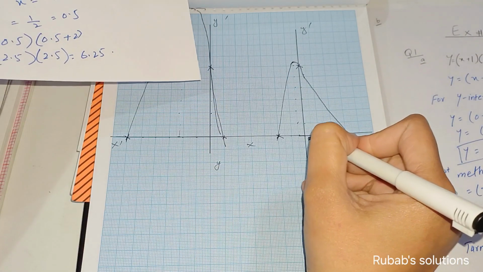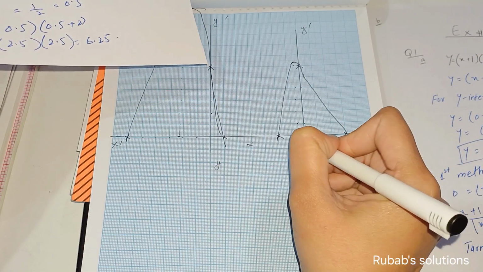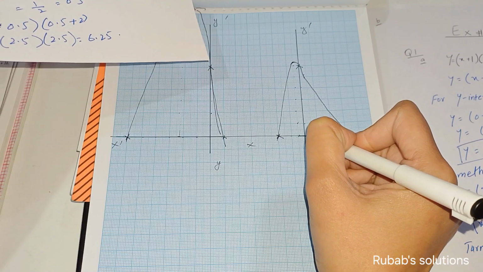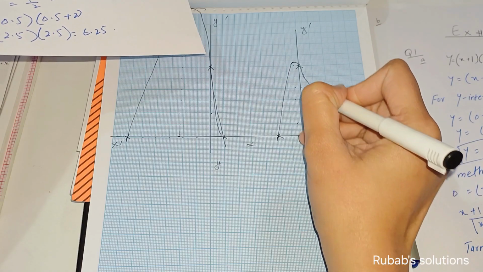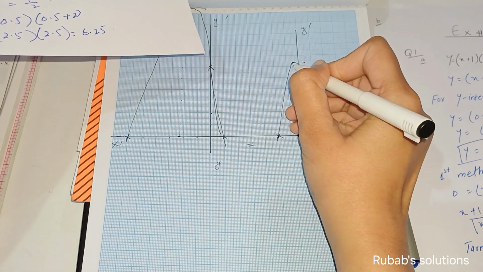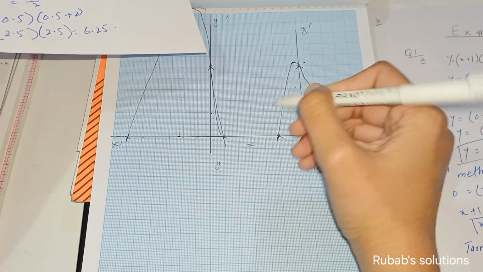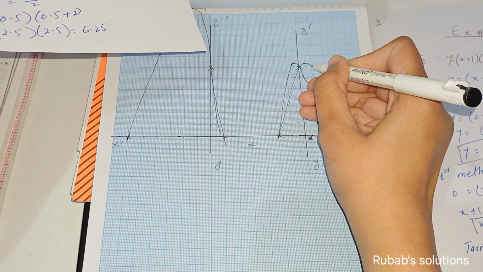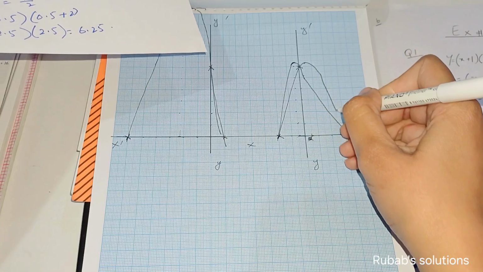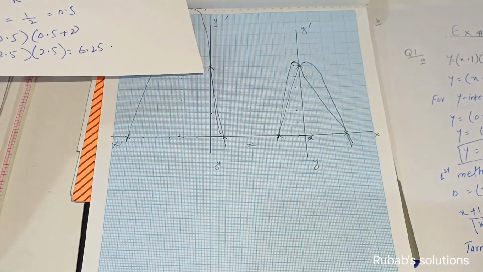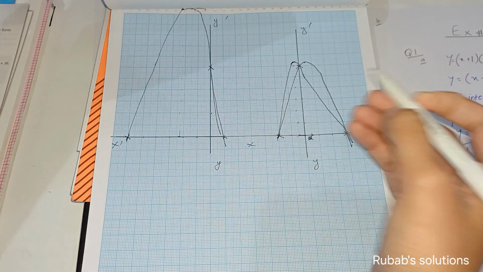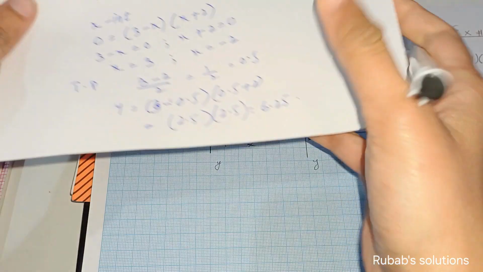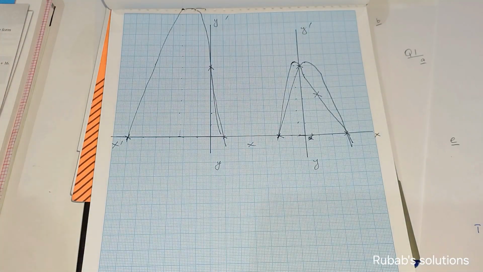Sorry, it was 0.5, so 0.5 will be over here. I had taken minus 0.5. Sorry, it's my bad. So 0.5 and this is the point, so that means this will be the turning point. That's why I was saying the graph looked strange. Now see, the graph has come out absolutely right. That's why they say you should draw with a pencil, not a pen, so I can't remove it.